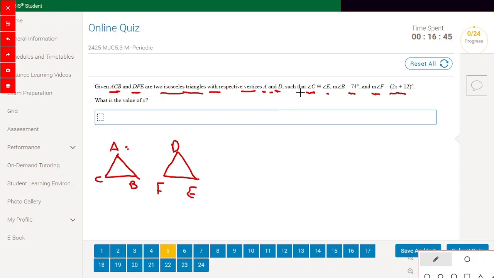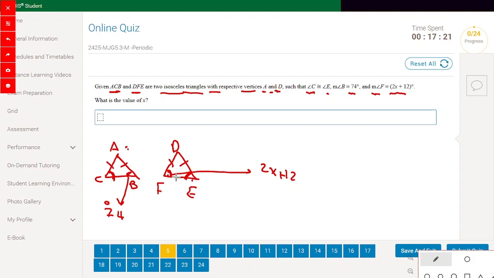Such that angle C is congruent with angle E. And the measurement of angle B is 74. And the measurement of angle F is 2x plus 12. Okay.